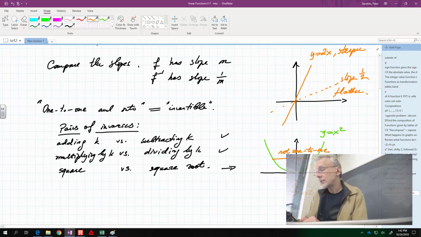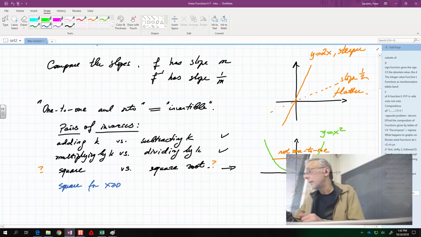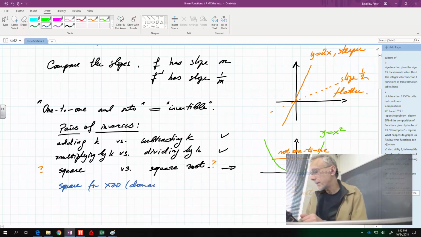We replace the square function with another square function, but with a smaller domain. Okay, so this is still questionable. So what do we do instead? We choose square for x larger than or equal to 0. So I'm limiting my domain to this. As well, I'm limiting the codomain. So domain x larger than or equal to 0, and y larger than or equal to 0, the codomain.